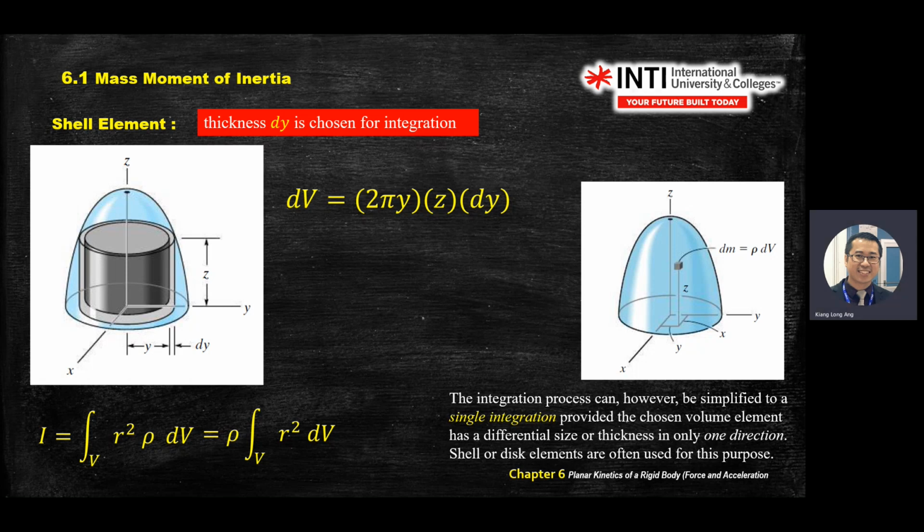You get the inner circumference. Then you integrate from here to here. Here is dy. You integrate dy, you get the thickness here. Then you multiply by height. If you use the shell method, dV equals 2 pi r, 2 pi y, multiplied by z dy.